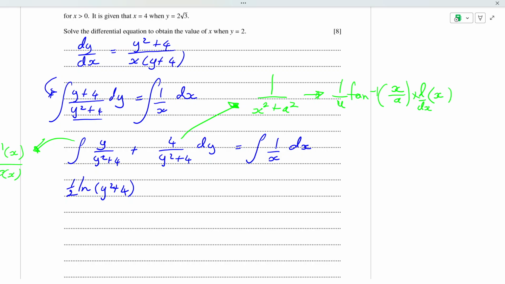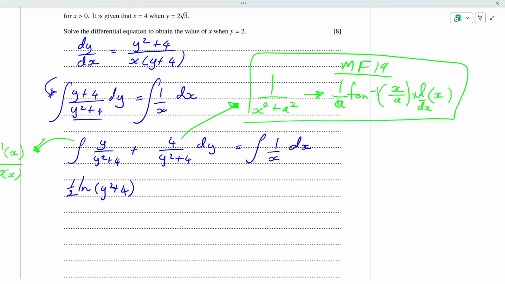This is in the MF19 data booklet. But it's no use if you don't know how to use it, because you probably won't see that this is what you have to do in the exam if you haven't been practicing. So it's best you practice, and then you can recognize it without having to go to the data booklet.